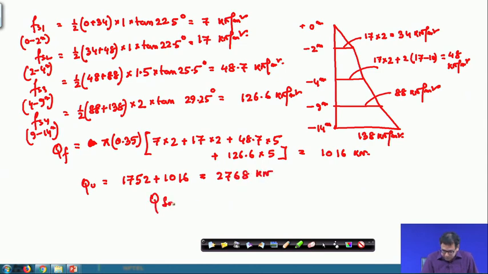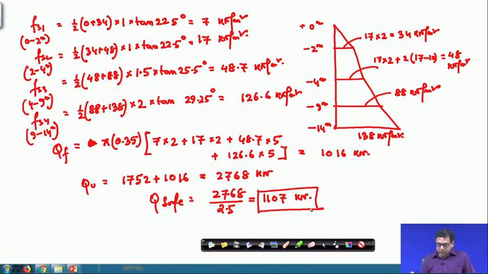So, the Q safe is equal to 2768 divided by 2.5, that is equal to 1107 kilonewton. So, this is the safe load without considering the critical length concept.